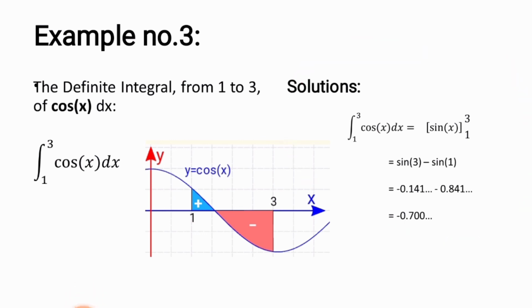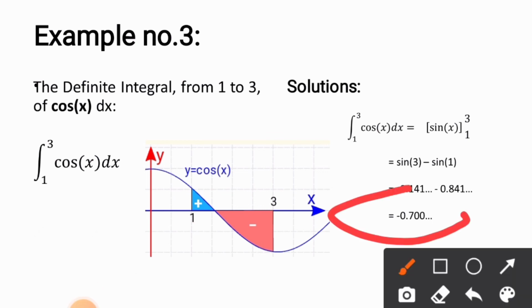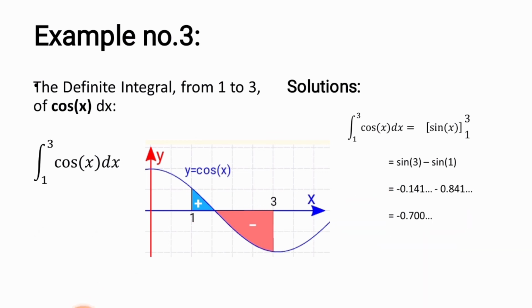The integral from 1 to 3 of cos x dx is equal to sine x from 1 to 3. When you follow the solution, it comes up with the answer of negative 0.700.